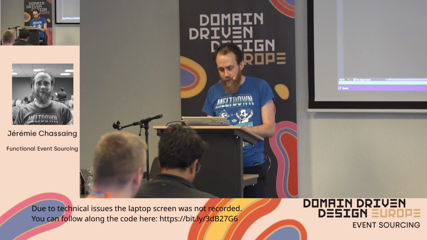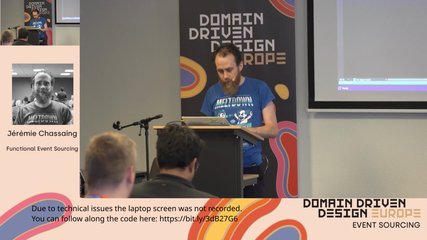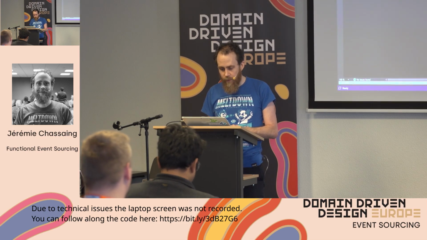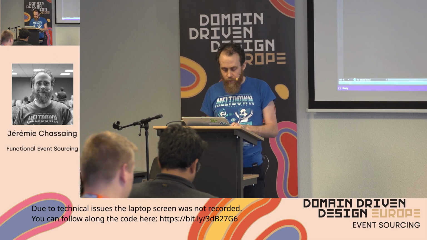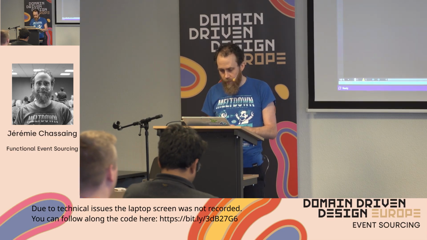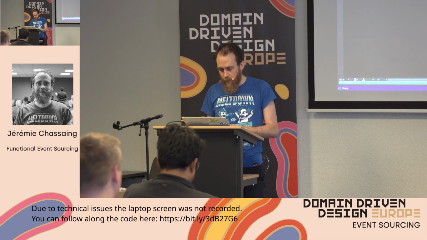So let's start. I will define a command type. For now, I don't know what it does, so I will just say DoSomething. I will also create an event type for my output that says SomethingHappened.